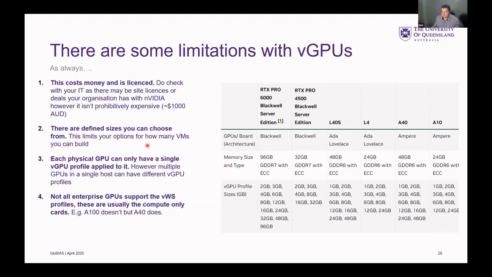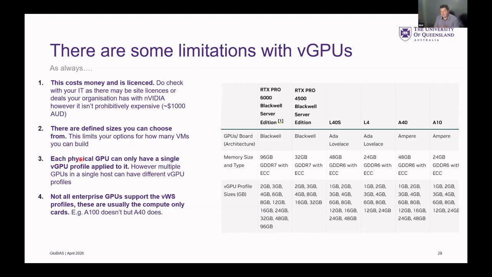And another limitation is that there are defined sizes. You can't just pick whatever you want. So across the more recent GPUs, listed down here are the different shapes you can do. And a physical GPU can only be carved up the same way.